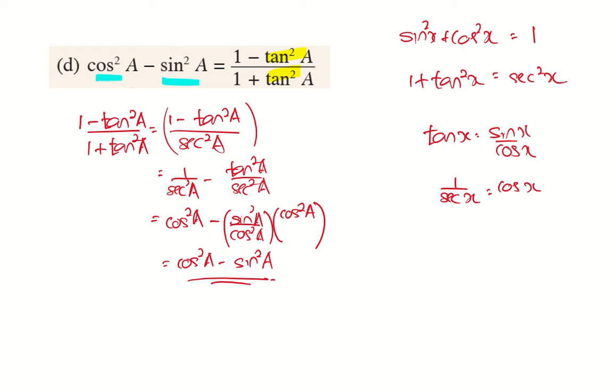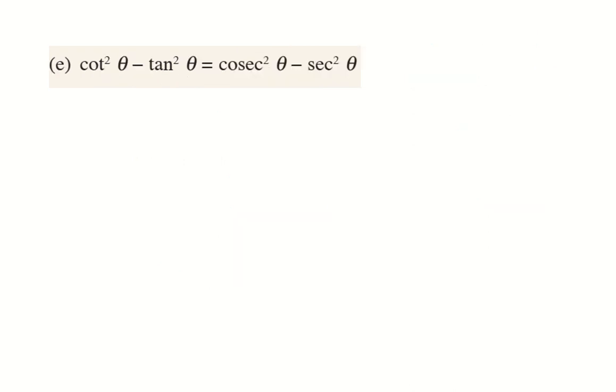Next. Here we have cotangent, tangent, cosecant, secant. Okay, what formula do we have? 1 plus tangent square is secant square. 1 plus cotangent square is cosecant square. And then let's try.